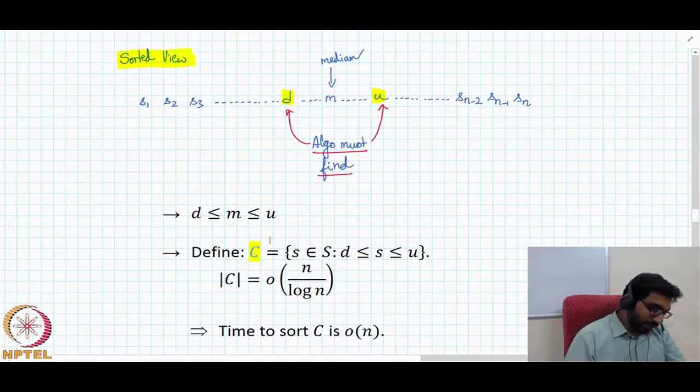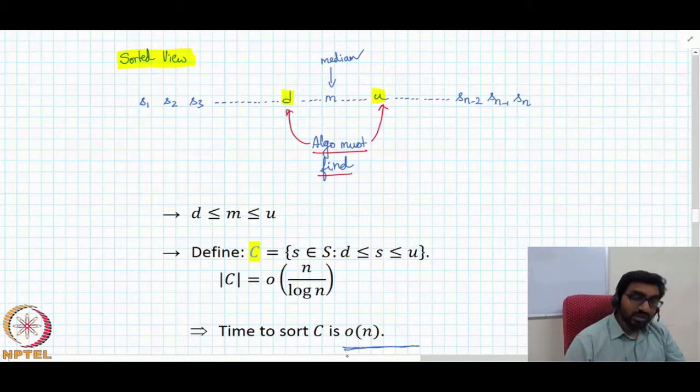Let's define C to be the set of all elements in the array S that lie between D and U. And we want that set C to be small. In particular, we want that to be little o of n over log n. And this will mean that if you sort C, you only require little o of n time.